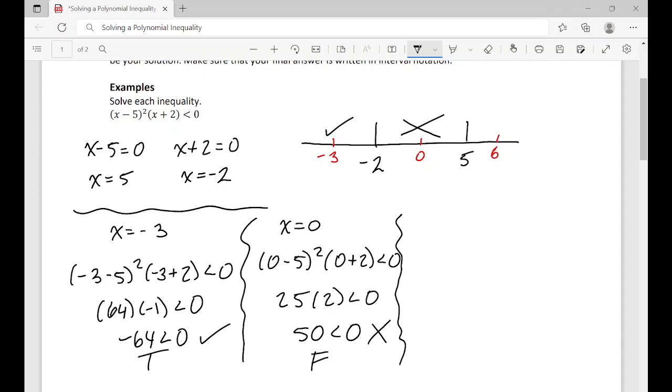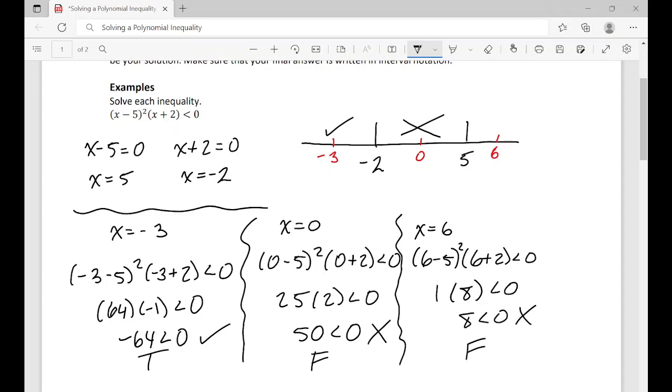Now I'm going to use x equals 6. 6 minus 5 squared, times 6 plus 2, is less than 0. That's 1 squared, which is just 1, and then 6 plus 2 is 8. So 8 is less than 0, which again is false.